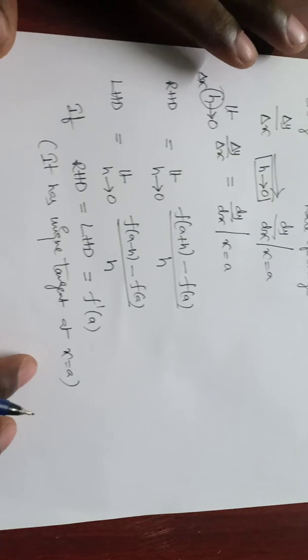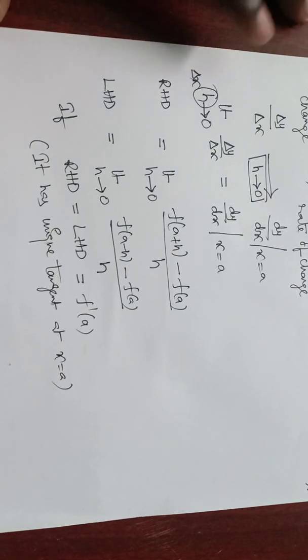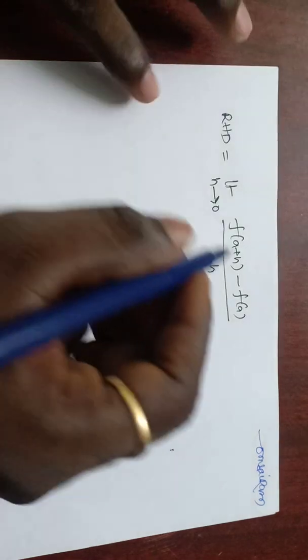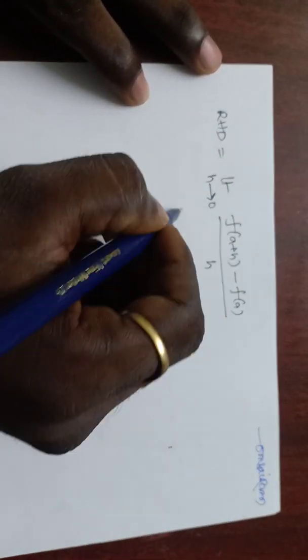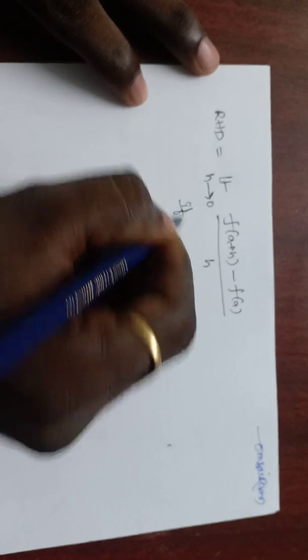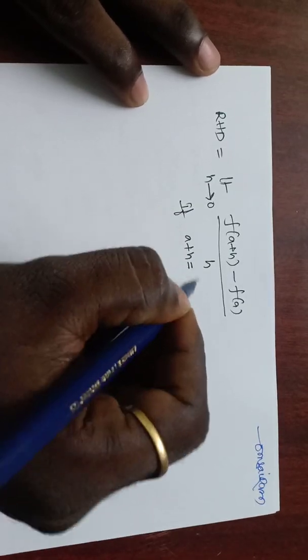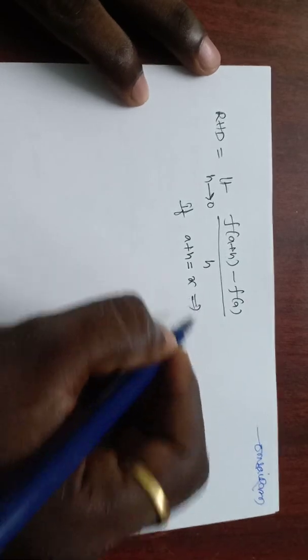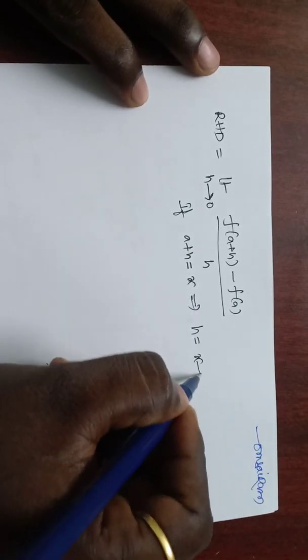At x equal to a. Now coming to the right hand derivative. If a plus h is equal to x, for suppose, now h is what? x minus a.